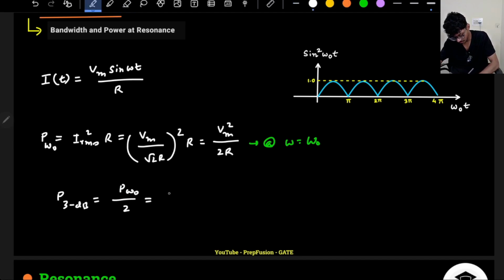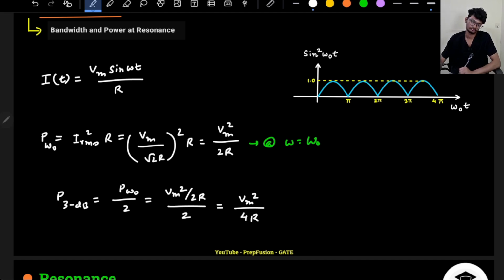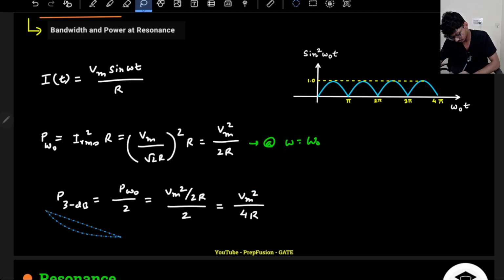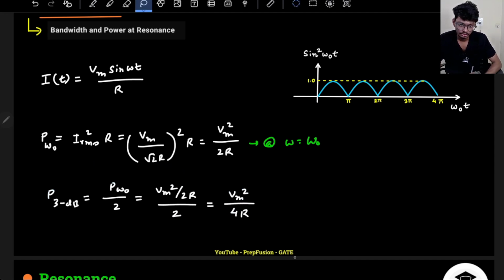So it is Vm square divided by 2R divided by 2, that is Vm square divided by 4R. That is basically the 3 dB power.